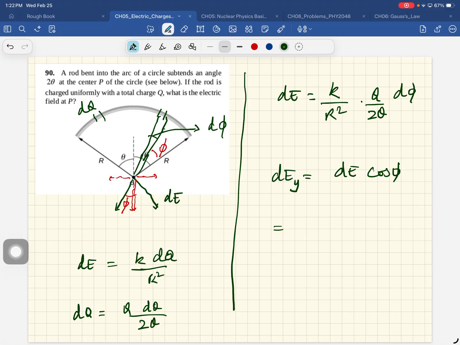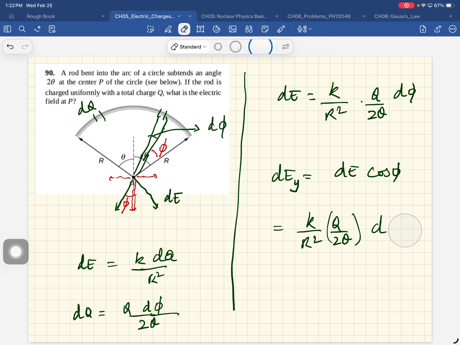Hang on a second. This is phi, so no, we have to do it like this. This is theta, this is minus theta. So phi goes from minus theta to theta.